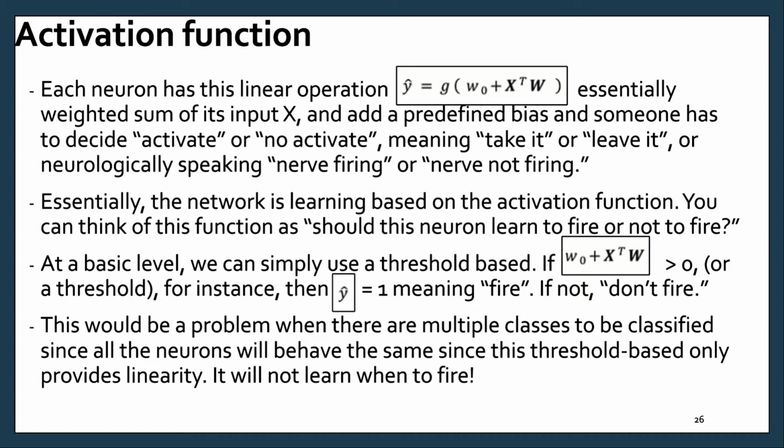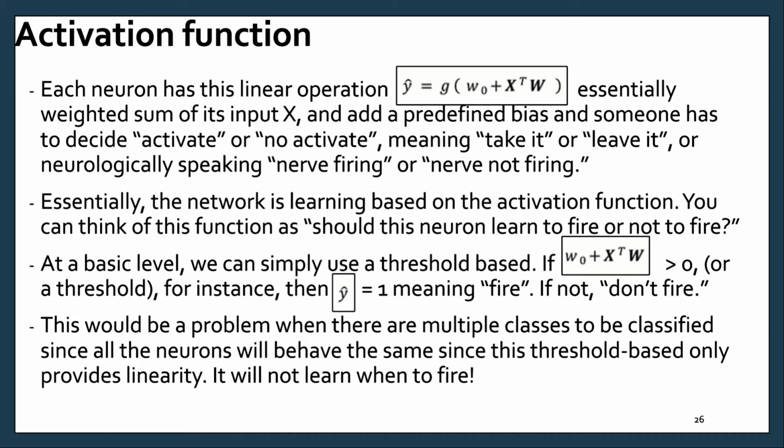If we're thinking about it the neurological way, it's a nerve firing and a nerve not firing. So the network is learning based on the activation function. You can think of it as, should the neuron learn to fire or not to fire?